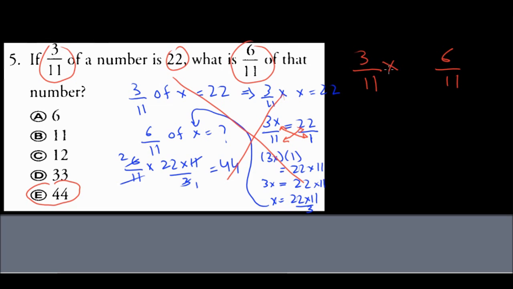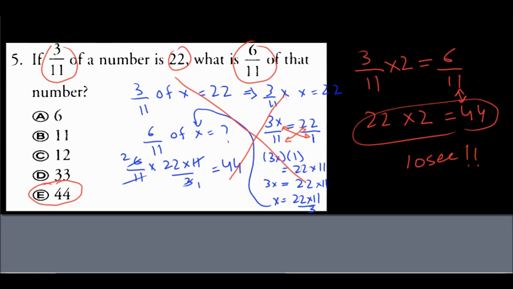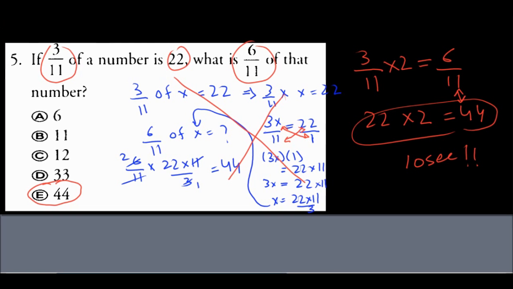Well, if I times 3/11 by 2, I get 6/11. So if I know 3/11 is 22, why not I just times 22 by 2, and I find what 6/11 is equal to. So see, if you had done this long way, you have wasted a minute of your time, whereas you could have done this thing in 10 seconds. So be aware and don't let GRE trick you.